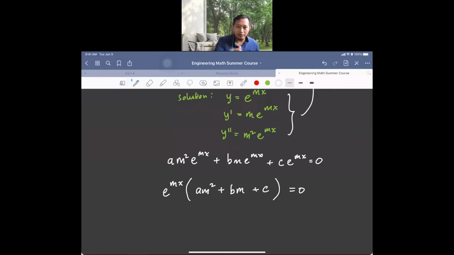Okay, so e will never be 0. Let me write that e will never be 0. So the only part that has a certain characteristic is this equation. In your textbook, it's called the auxiliary equation.